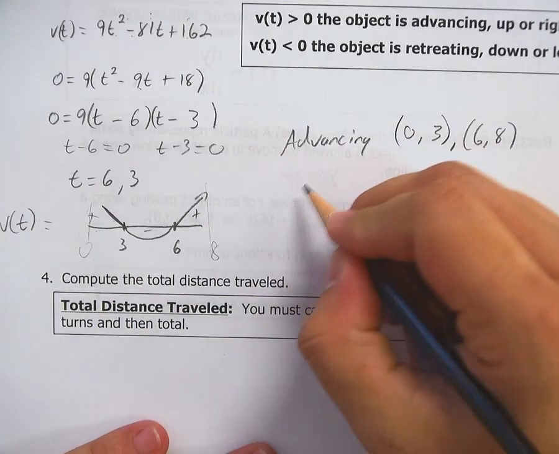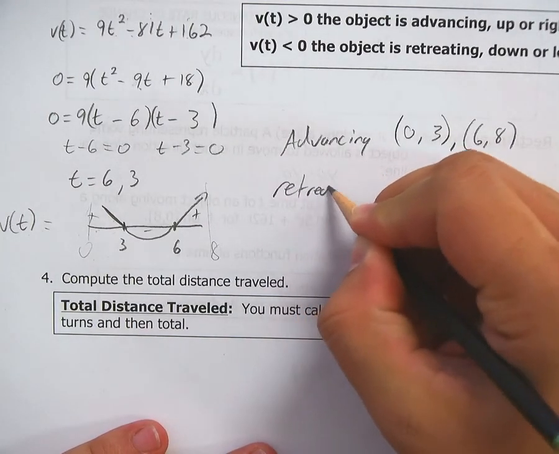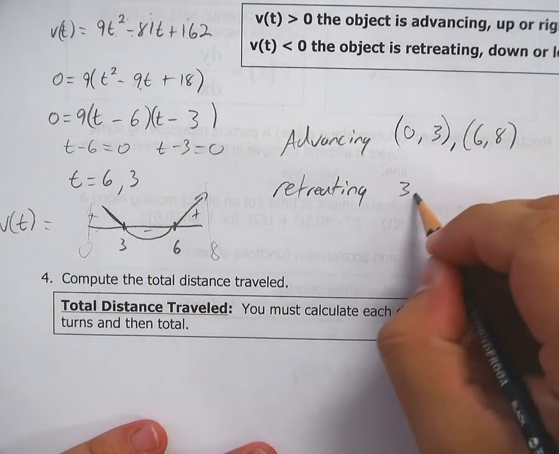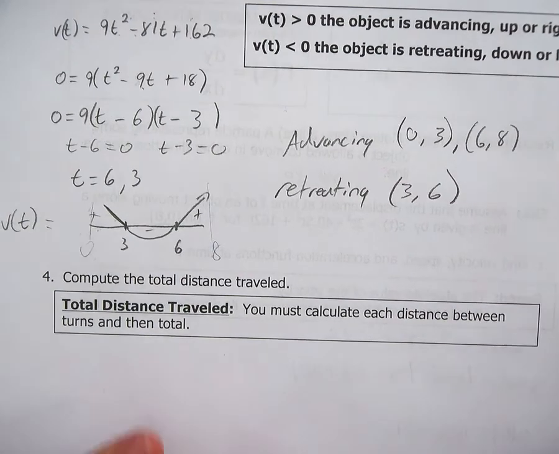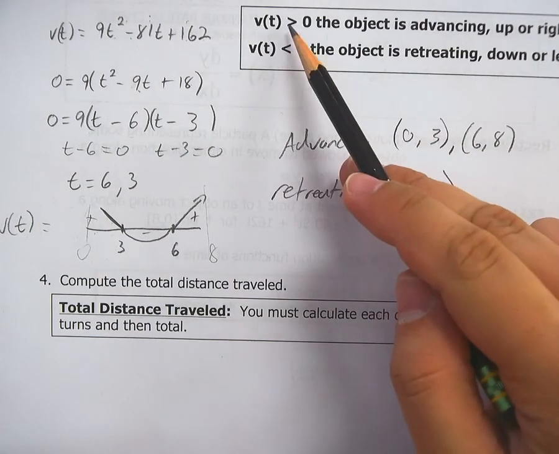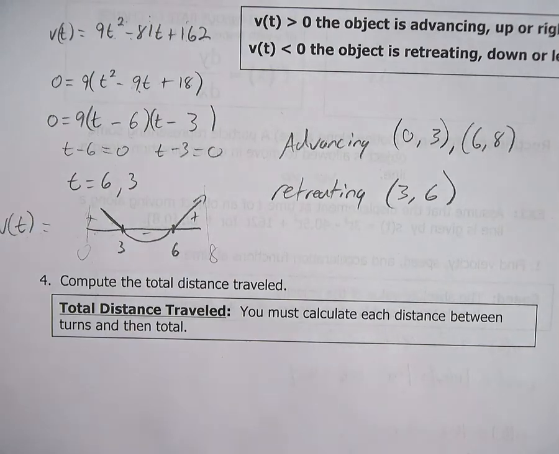And then retreating happens when it's negative, so from 3 to 6. All right? And again, I would not touch 3 and 6 because it says strictly greater than or strictly less than. So no brackets anywhere. That point could be argued by others, but meh.